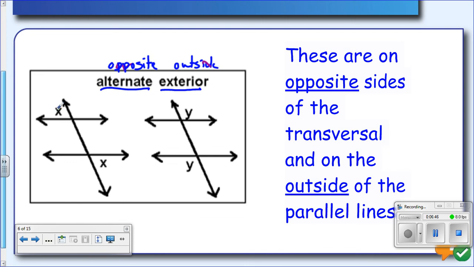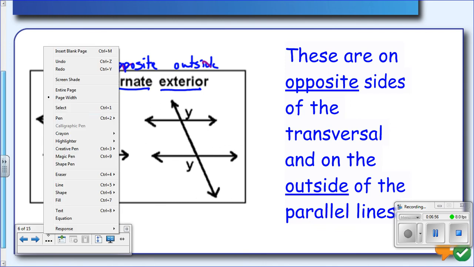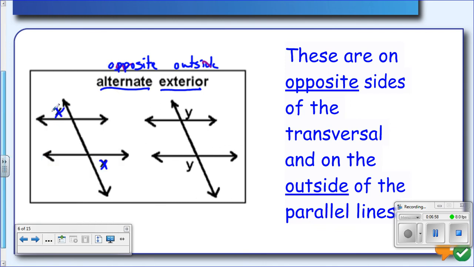So on the outside, if you have this angle right here, it will be congruent to the one on the opposite side of the transversal on the outside of the parallel lines. So in other words, the outside of your parallel lines is here and here. So then you have two angles here. So you have two sets of alternate exterior.